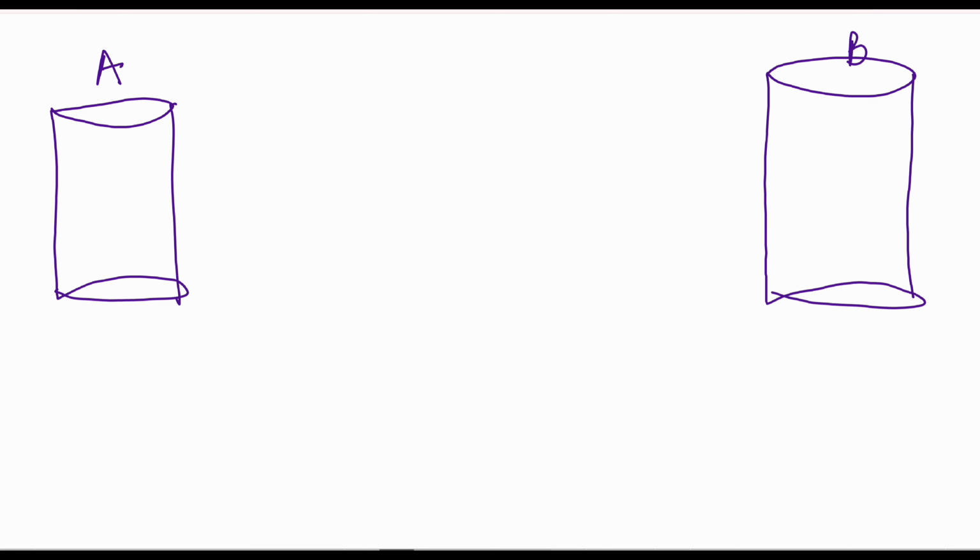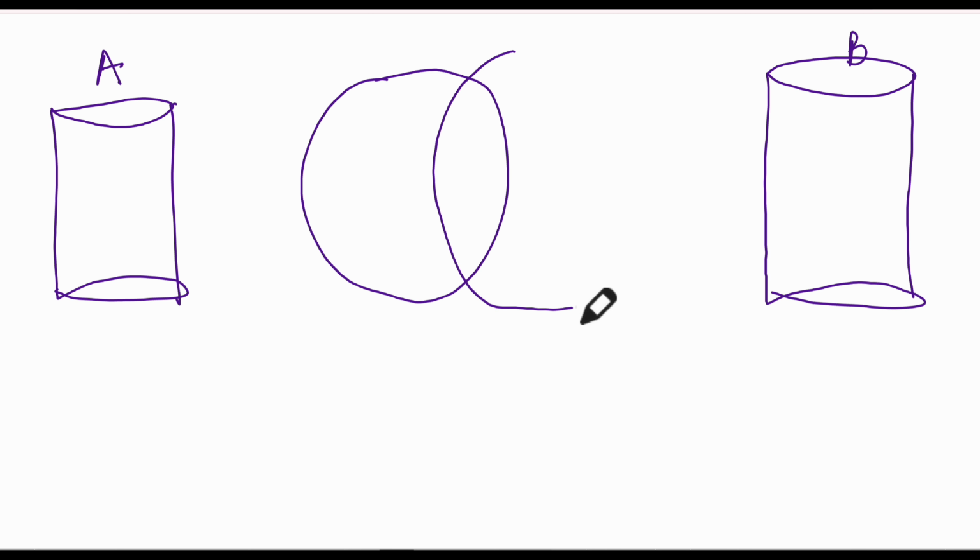So if I have to draw a chart for this, let us say this is my table A, and this is my table B. These two tables will have a few rows common, a few rows will exclusively belong to A, and a few rows will exclusively belong to B. For example, let us say this table had 1, 2, 3 and 4, and this table had 2, 3, 7, 8.